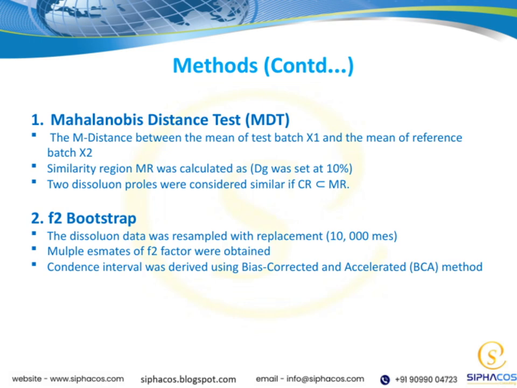From these numerous estimates, we then derive a confidence interval using what's known as the bias-corrected and accelerated, or BCA, method. This approach provides a more reliable measure of the variability and confidence in our similarity assessment. Overall, these methods help us rigorously evaluate how comparable our dissolution profiles are, which is crucial for ensuring consistent product quality.